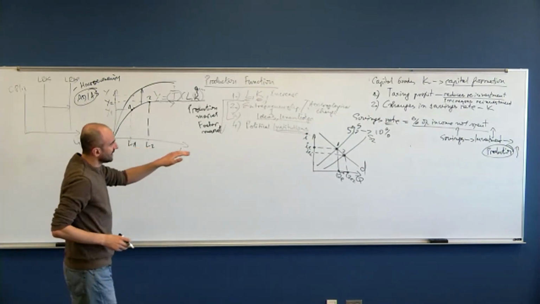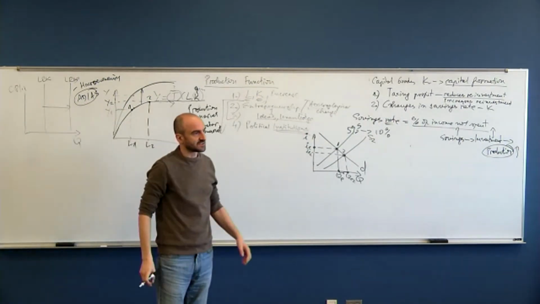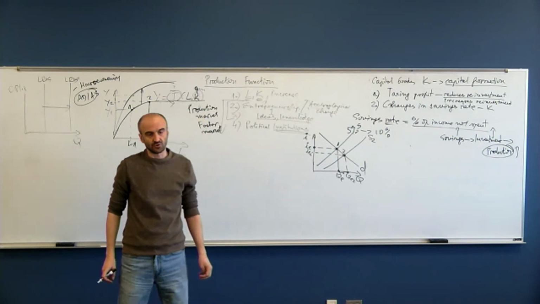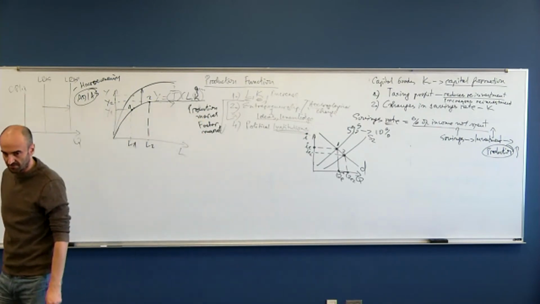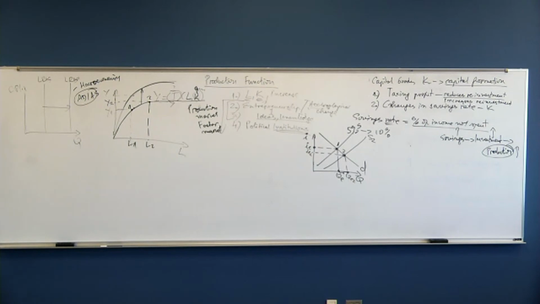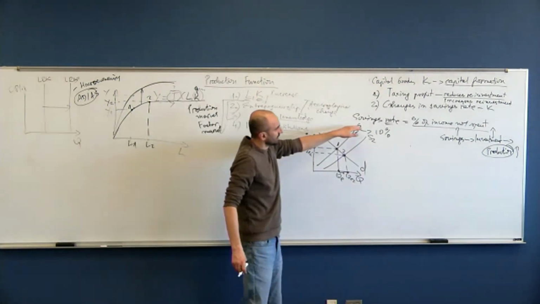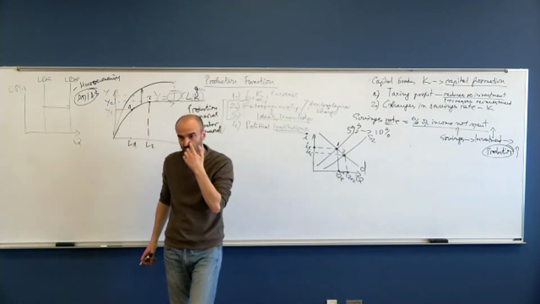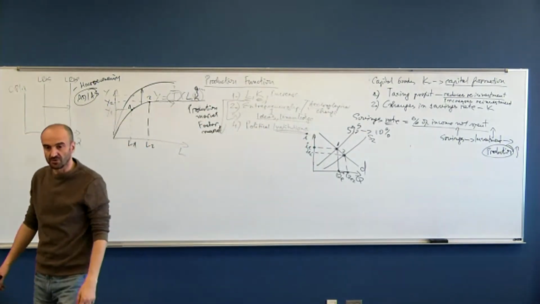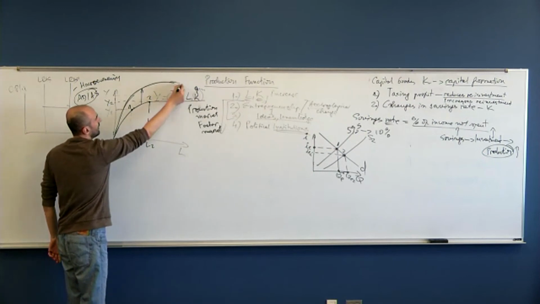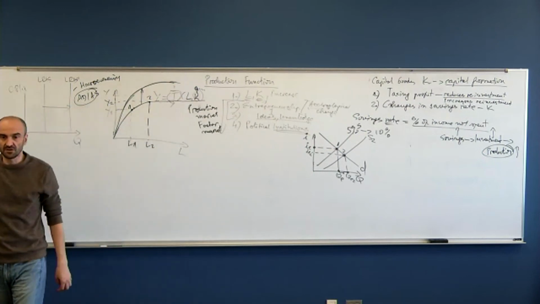So that's the reason why, by saving more, we can afford to produce more in the future. And of course, this can give us more leeway for economic growth than just increasing the amount of labor. We can shift the production function by increasing the amount of savings.